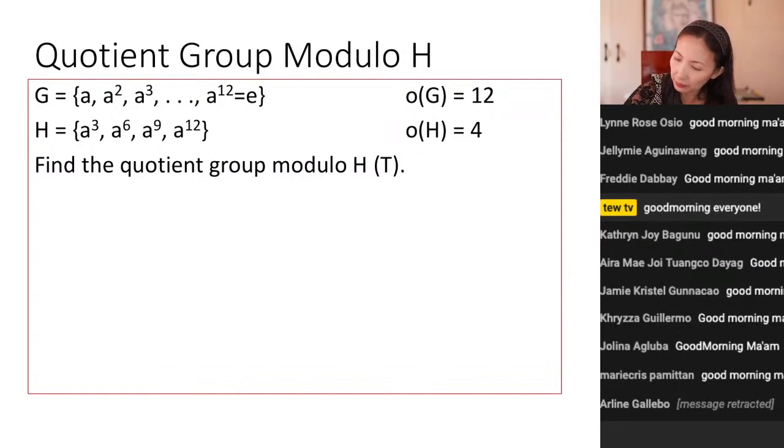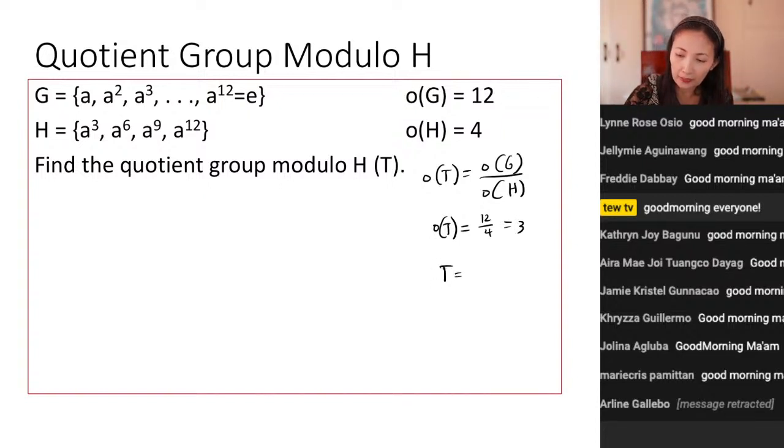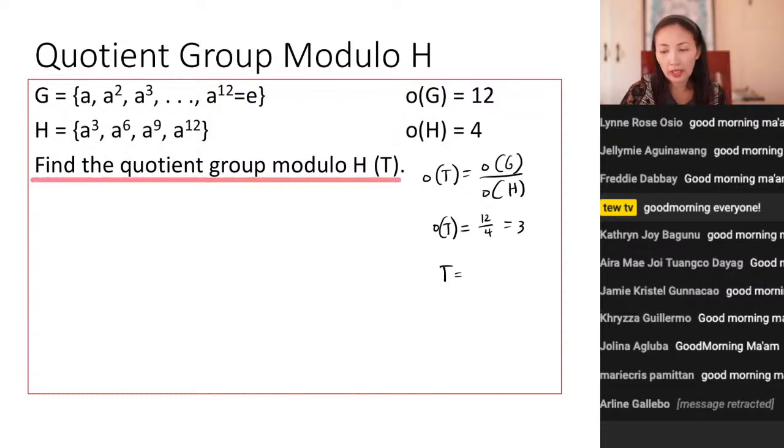If we apply the formula that we made use of a while ago, the order of T is equal to the order of G over the order of H. That would mean order of T is equal to 12 divided by 4, may 3. So, T will have 3 elements. Yun ang hahanapin natin because the problem asks for finding the quotient group of modulo H or the T.